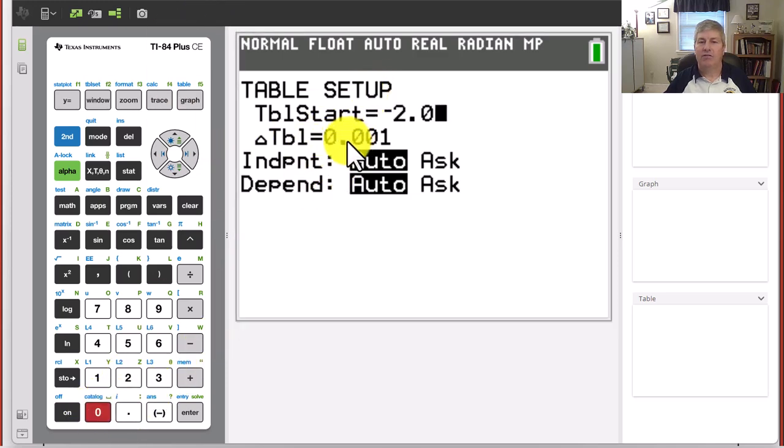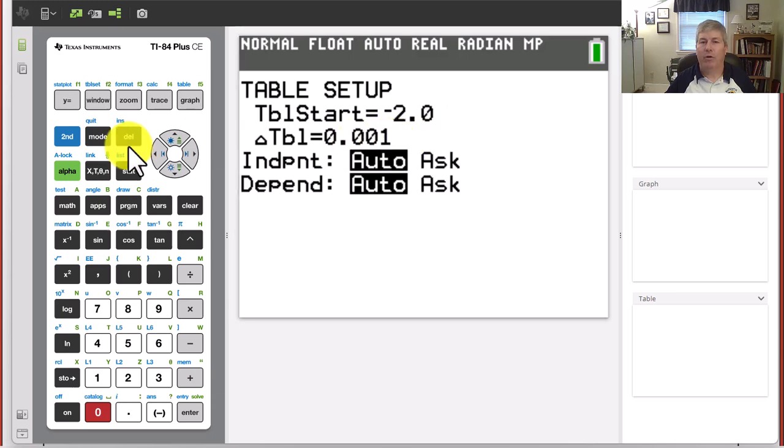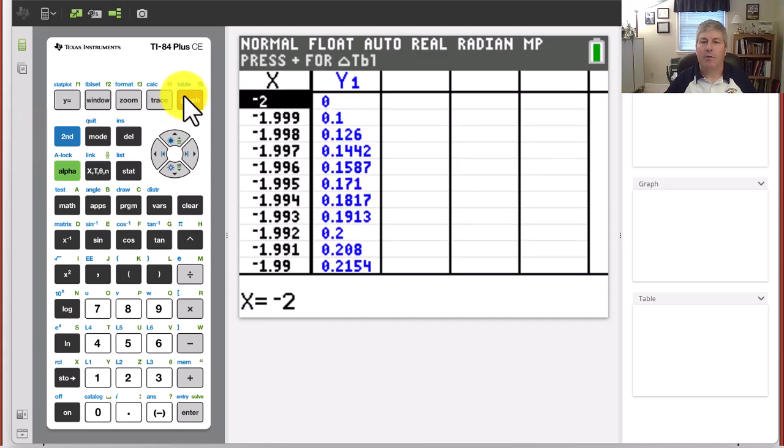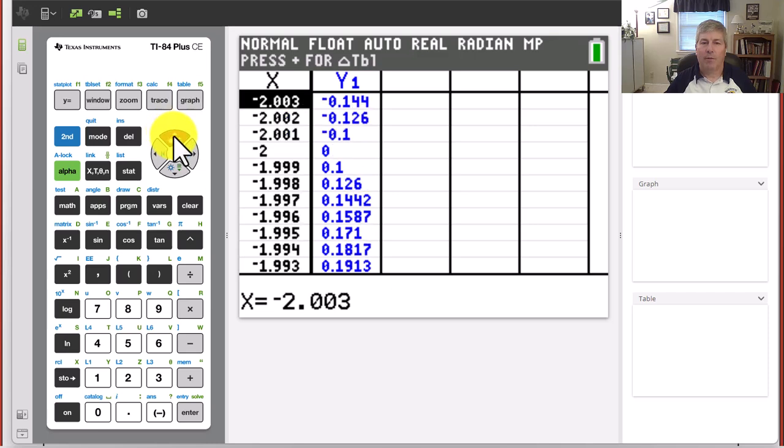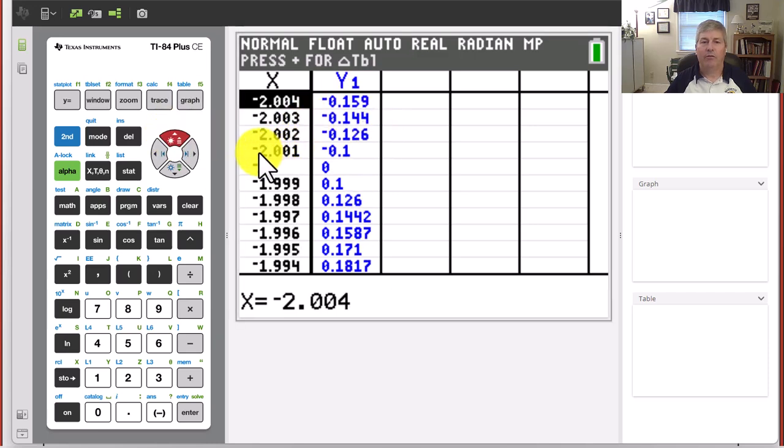So I'm going to count by 0.001s. So I've got that. And then I'm going to go to table, second table, and it gives me a table of values. Now I'm going to have to cursor up a little bit so I have some more values. And now I have f of negative 2.001 is negative 0.1, and f of negative 2 is 0.